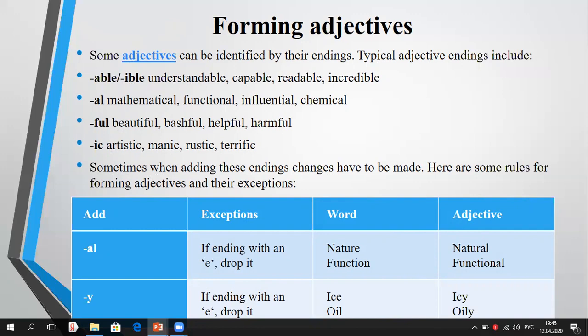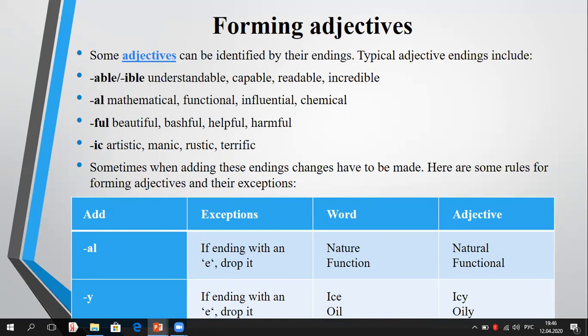Sometimes when adding these endings, changes have to be made. Here are some rules for forming adjectives and their exceptions. Adding, for example, suffix -al. Exceptions. If ending with e, drop it. When we add the suffix -al, if the word ends with the letter e, then the letter is dropped.